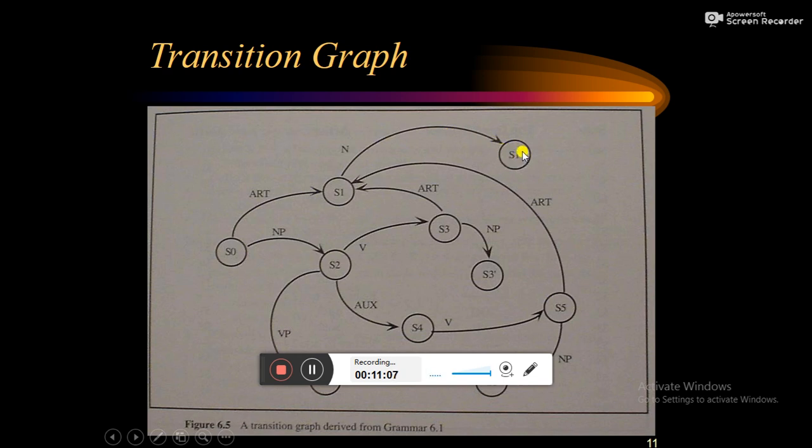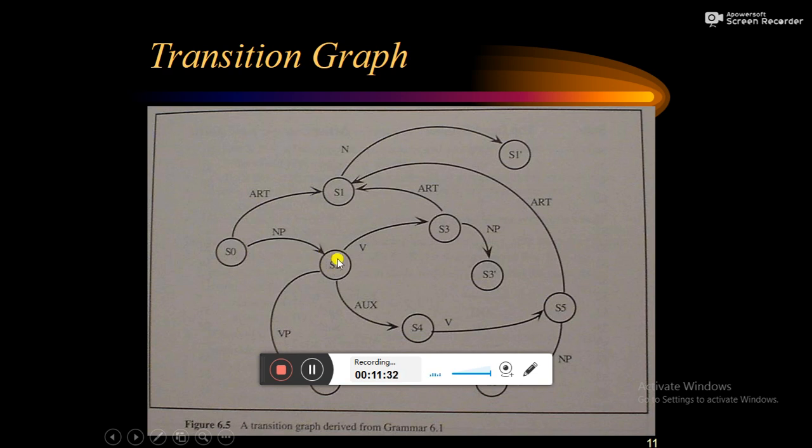Whatever are the dash states, all of those are considered end states. The dash states indicate that the action to be performed is a reduce, whereas all other states indicate that the action to be performed is a shift. For example, after S0 you are going to get NP, in which case the action to be performed is shift to S2.